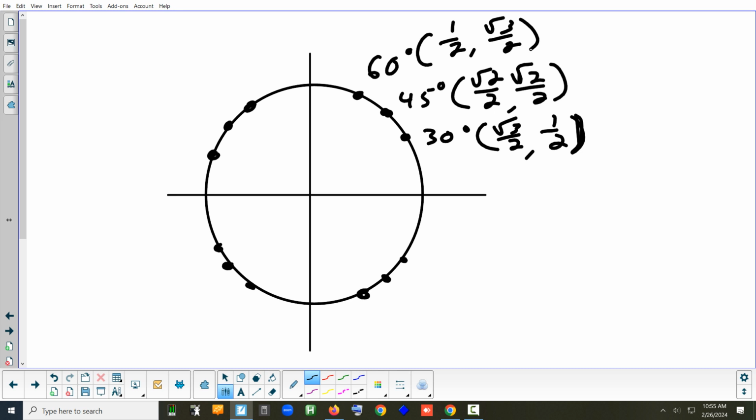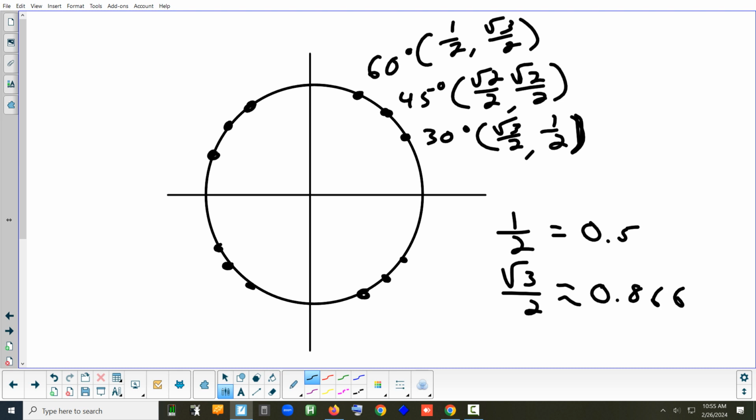Not that we use the decimals a lot, but it's going to be helpful to know roughly what the decimals are. So 1/2 is 0.5. Root 3 over 2, does anybody remember what that roughly is as a decimal? It's about 0.866. That's just going to help you if you don't remember how to do unit circle trig and can't do it in your head quick.